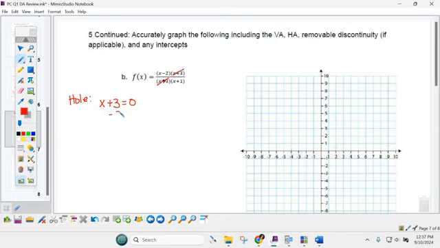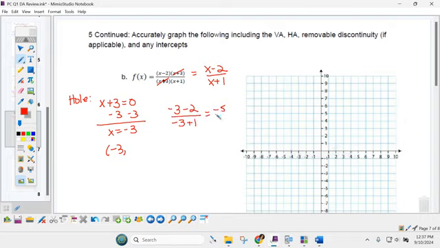Because that's the factor that divides. That's when x is negative 3. Now my compressed function, I'm going to input -3 to x. That gives me -5 over -2, which is positive 5 over 2. So there's a hole at -3. That's about 2.5. So there.